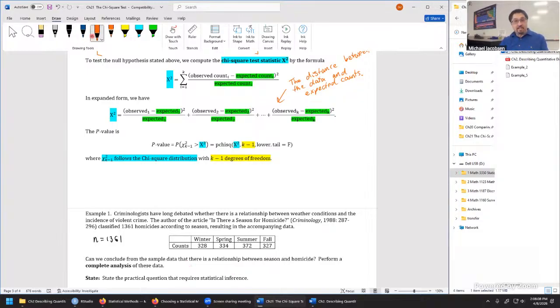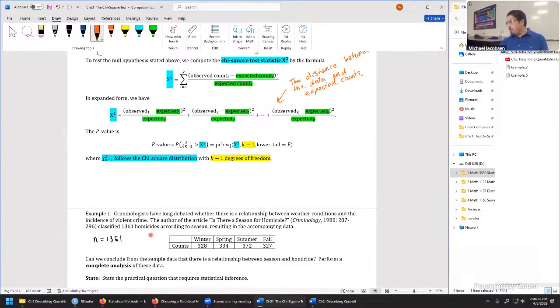We'll take a step back from it and say what we definitely know for sure. These data are not quantitative. Just because there are numbers here does not mean they're quantitative whatsoever. These are counts. The sample was 1,361 homicides, and all we did with those 1,361 observations was categorize them according to these 4 different categories.